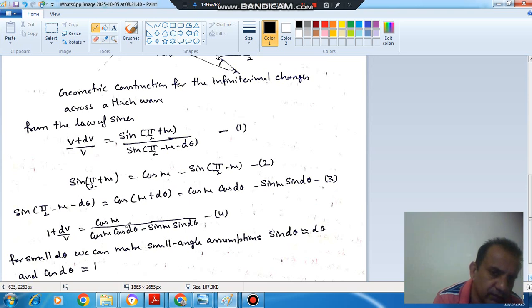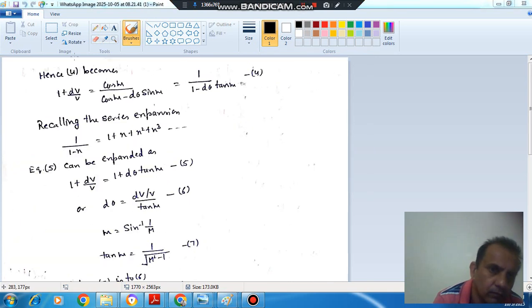So now in this we can also take d theta as small, and cos d theta as 1, and sin d theta as d theta. So then the equation will become 1 plus dv by v is equal to cos mu divided by cos mu minus d theta sin mu, or further it can be modified as 1 by 1 minus d theta tan mu.